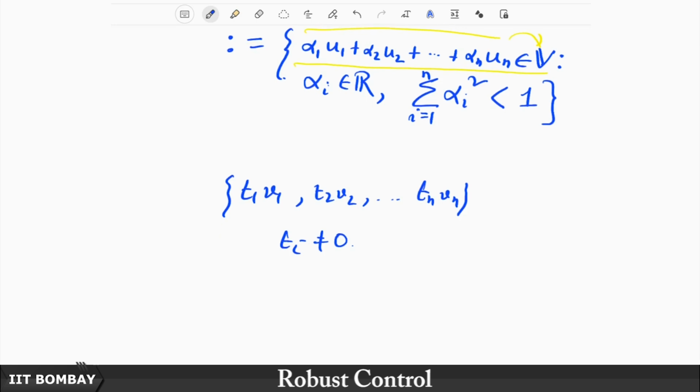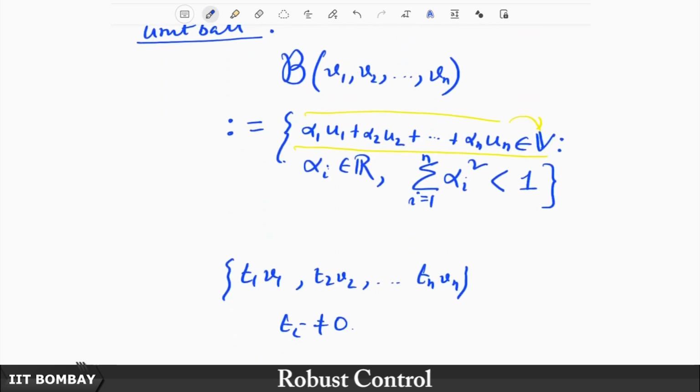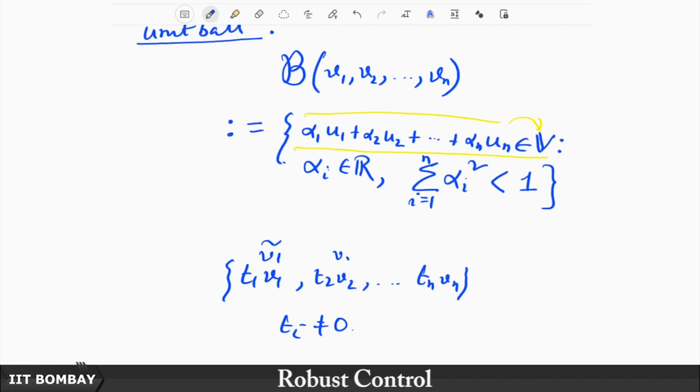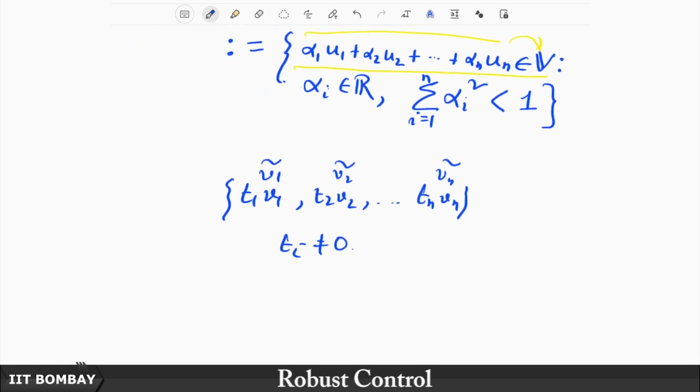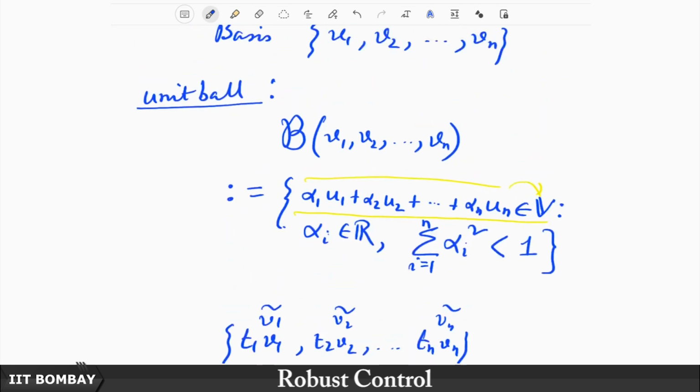In terms of this new basis, you can call these V1 tilde, V2 tilde, and Vn tilde, and define your ball in terms of them. Very loosely speaking, not just the shape, but even the size of the open ball need not be the same. What is a unit open ball for me may not be a unit open ball for you, depending on your choice of basis.